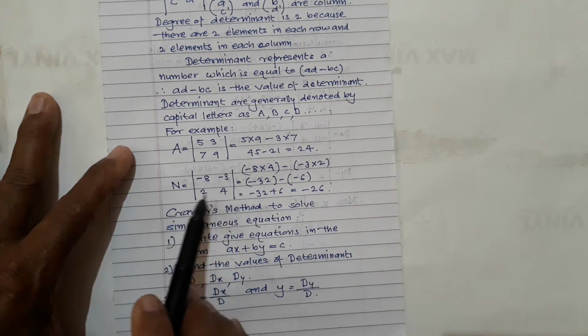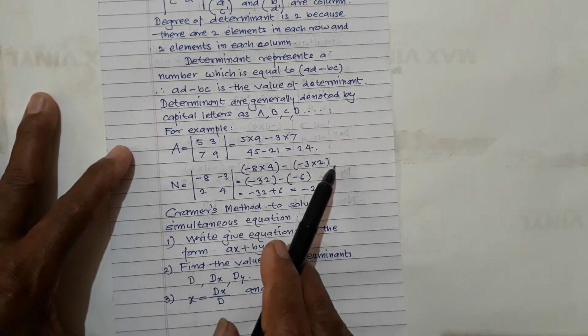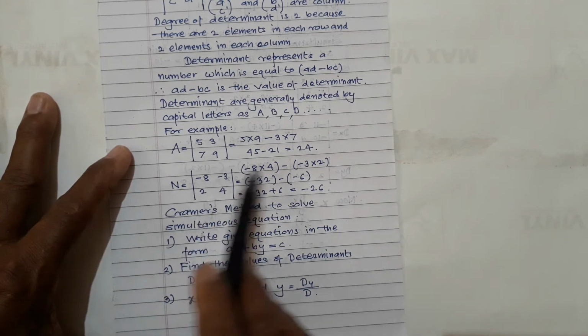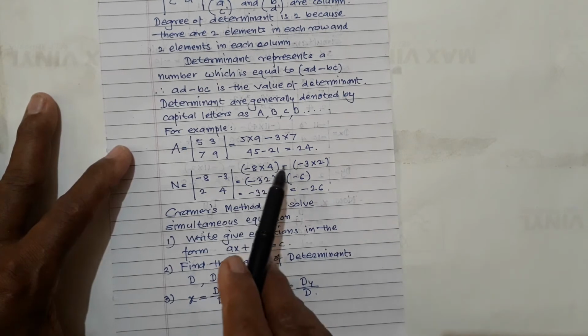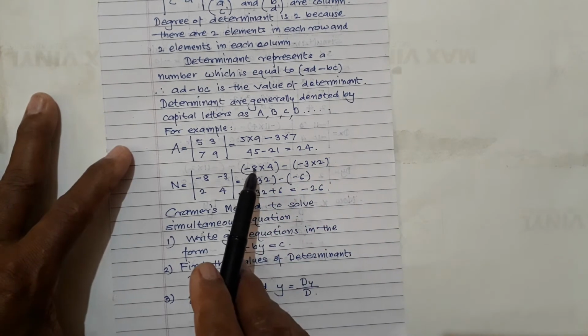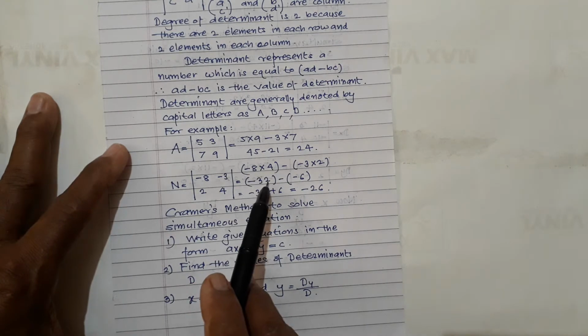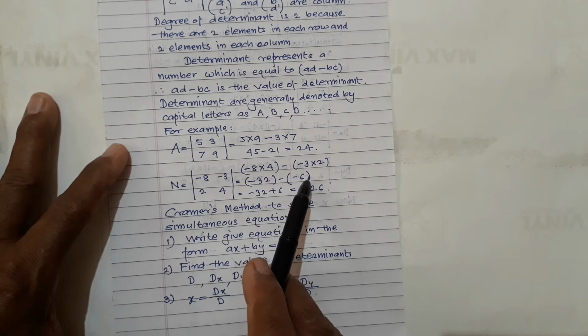One thing you remember: when negative elements are there, you put them in brackets. So minus 8 into 4, bracket close, minus, bracket minus 3 into 2. Minus 8 into 4 gives you minus 32, minus 3 into 2 gives you minus 6.